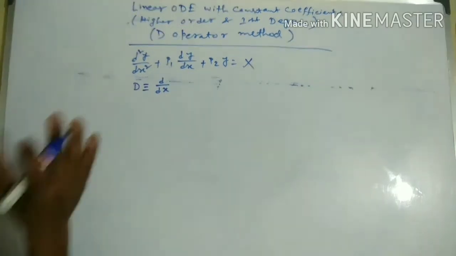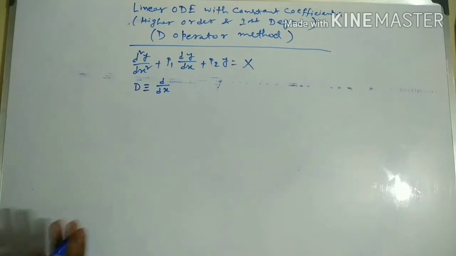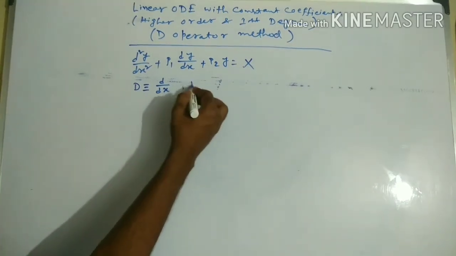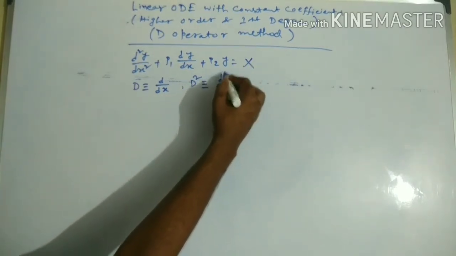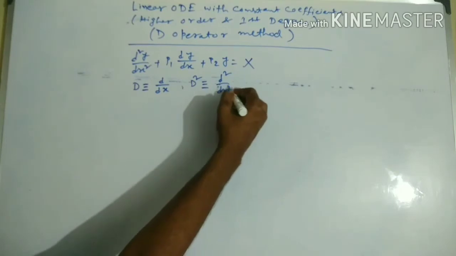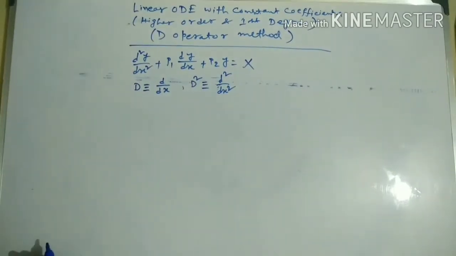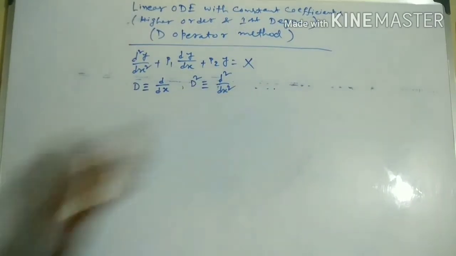That is, D of some function means first order differentiation of that function with respect to x. So D square is used to denote d square/dx square, that is second order differentiation, and so on.